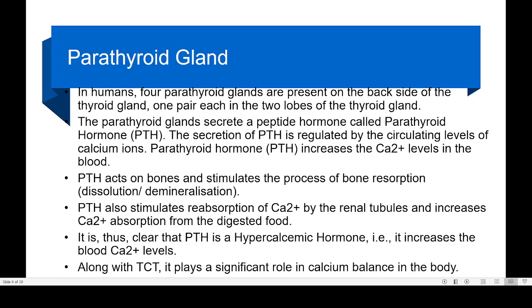Another is preventing the loss of calcium ions, by causing reabsorption from the renal tubules and increasing calcium absorption from the digestive tract. From whatever area calcium can be brought to the blood, it will do so: from bones, from digested food in the stomach, and from the renal tubule.